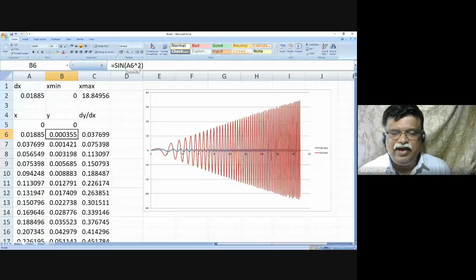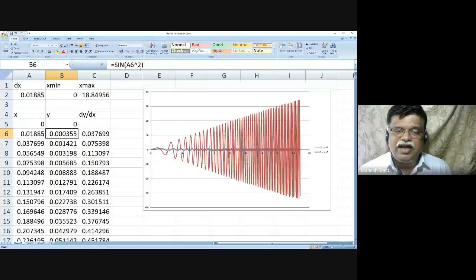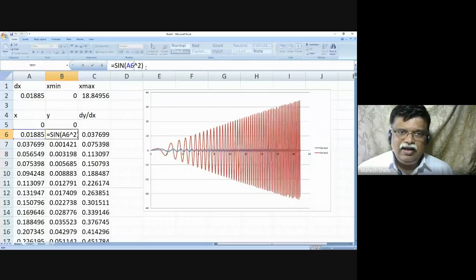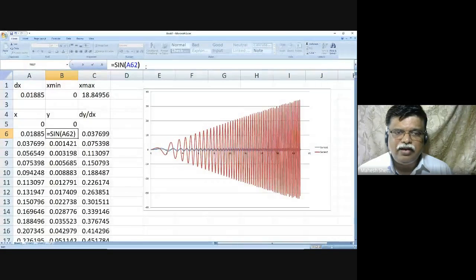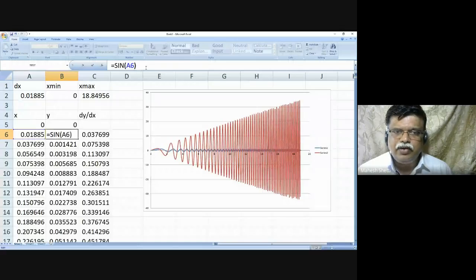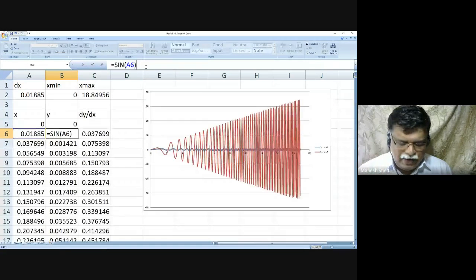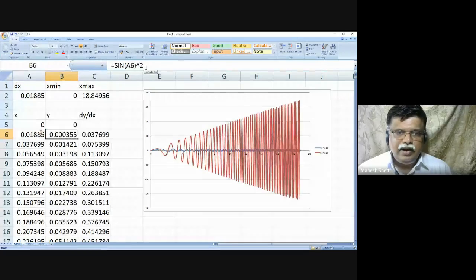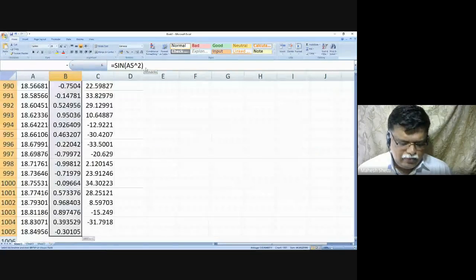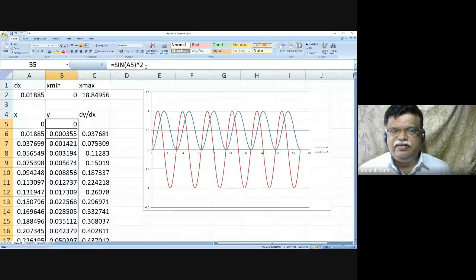Sine of x square would mean that I will write square inside the sine function bracket, and the moment I complete the bracket of sine, the value is ready, so I can directly take square of that. Okay, and let me apply it everywhere, and we get this.